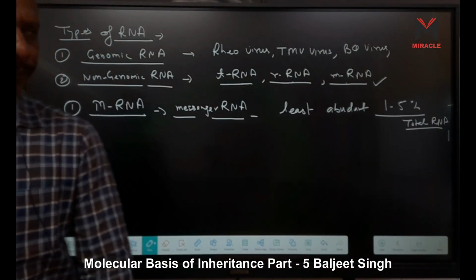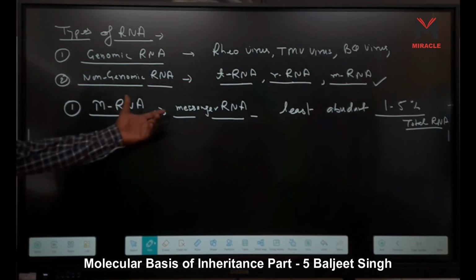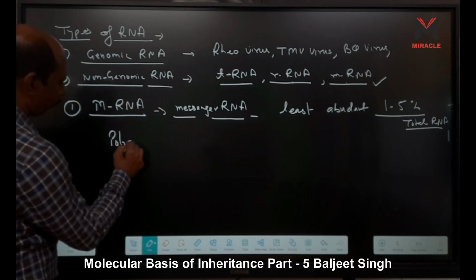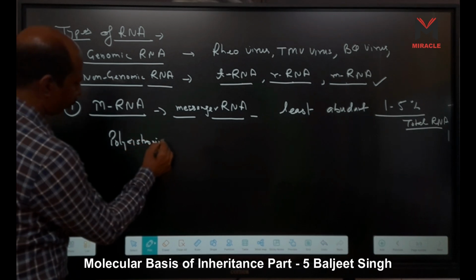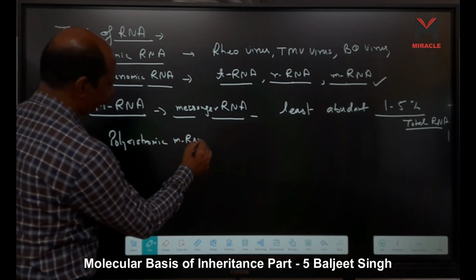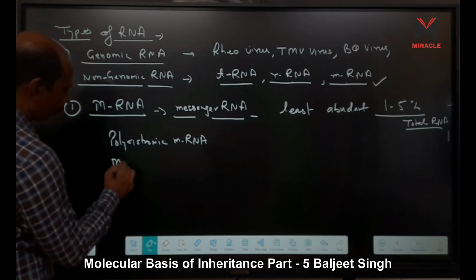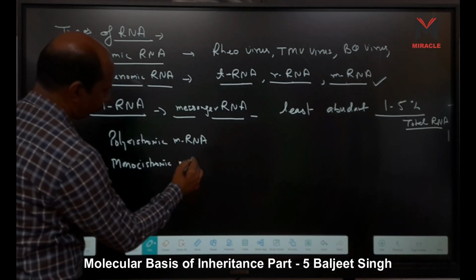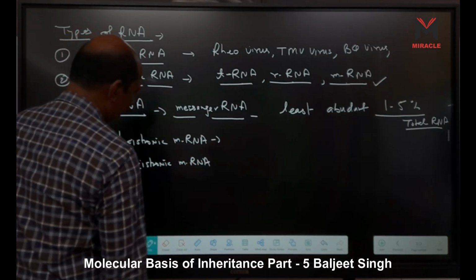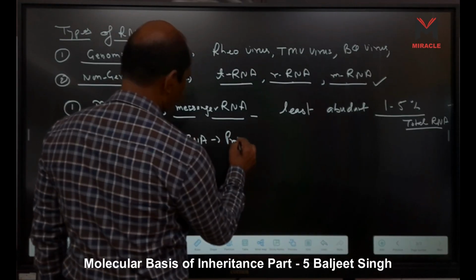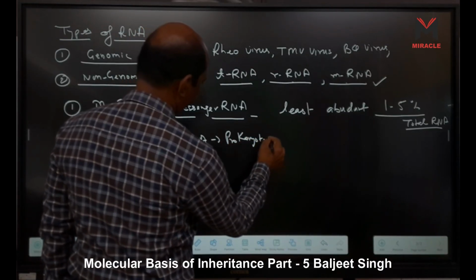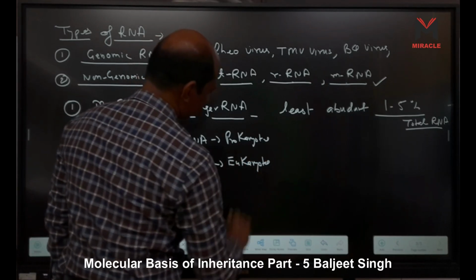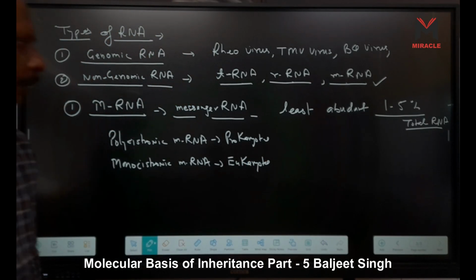Right. Now we have two types of messenger RNA. One is polycistronic messenger RNA and another one is monocistronic messenger RNA. This one is present in prokaryotes and this one is present in eukaryotes, right? What is the difference between these two?